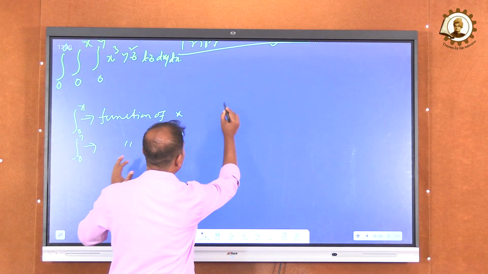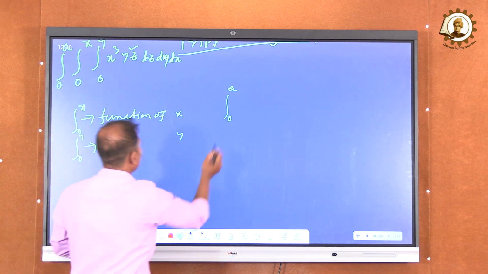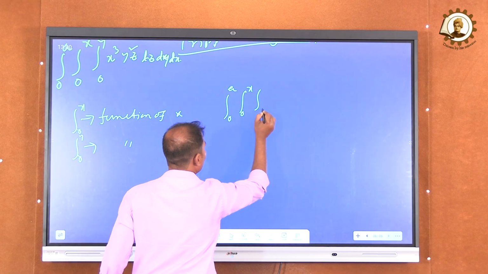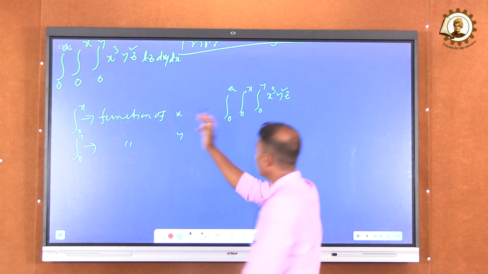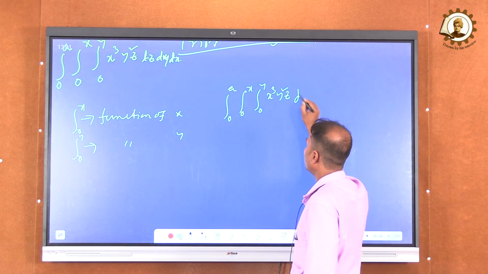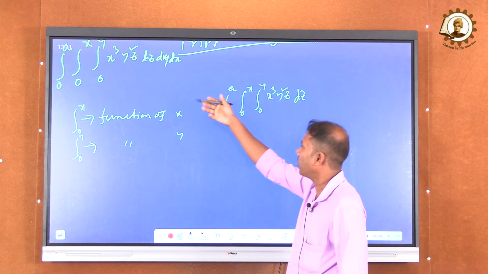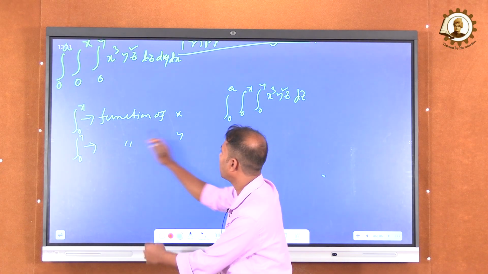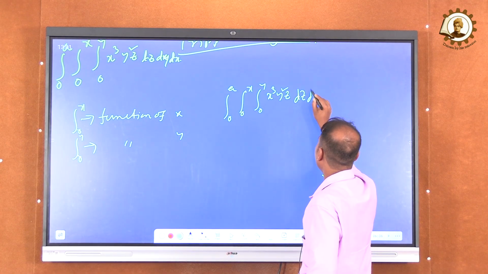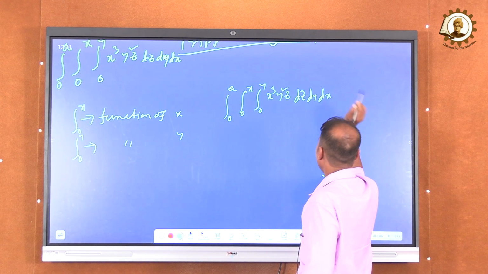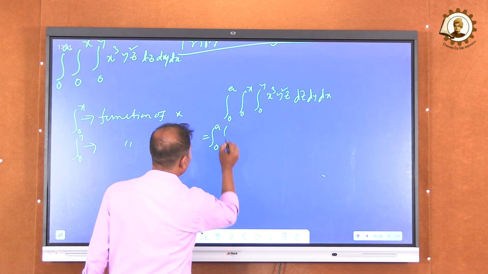So how to integrate first? For 0 to x and 0 to y, x cube y square z, first we have to integrate with respect to z, and after that with respect to y, because this is the function of y, and then with respect to x.